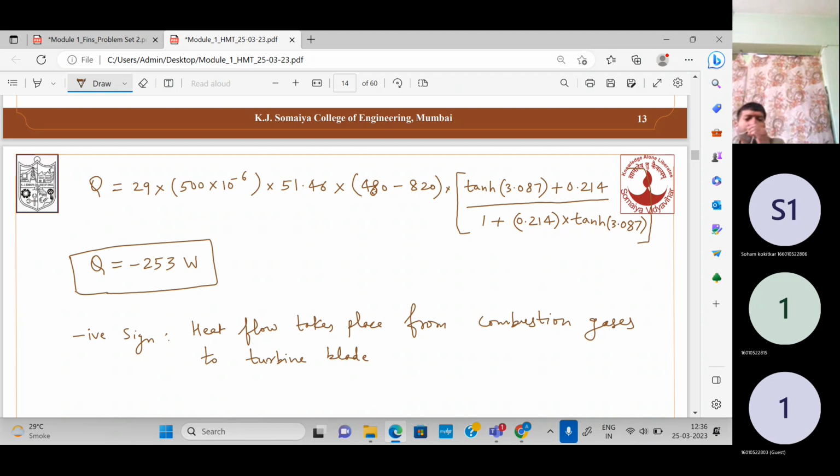So this was the significance of this negative sign. You have to mention the significance of this negative sign also for getting full marks.